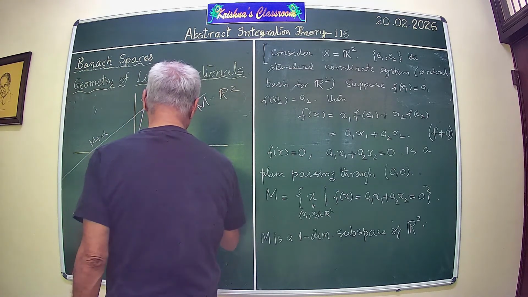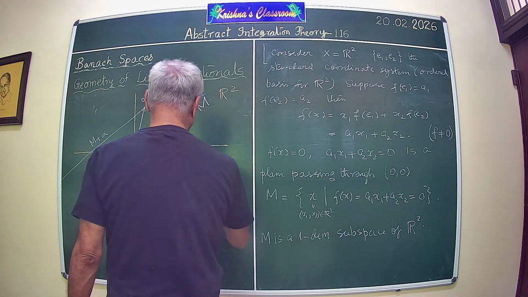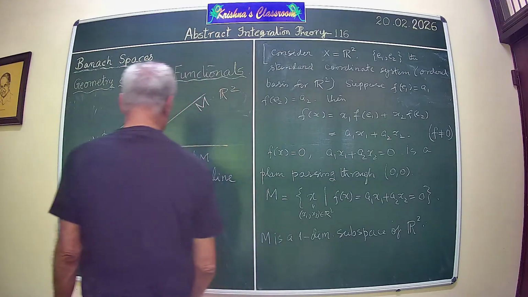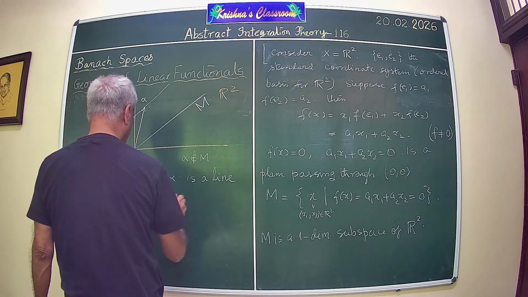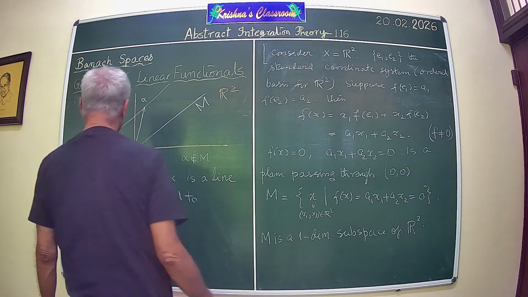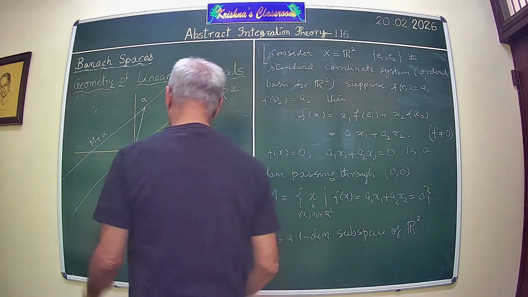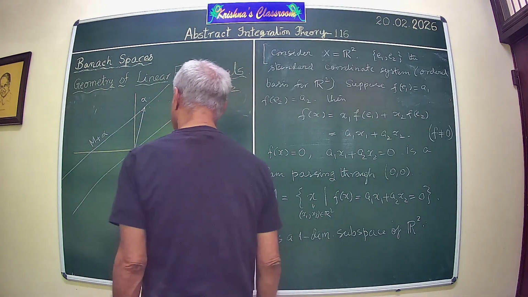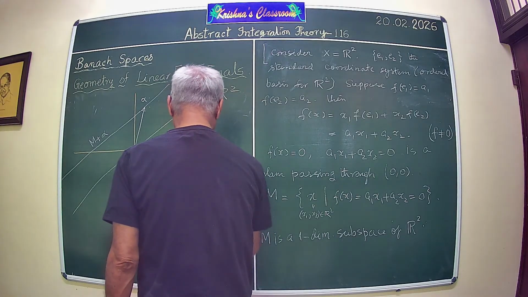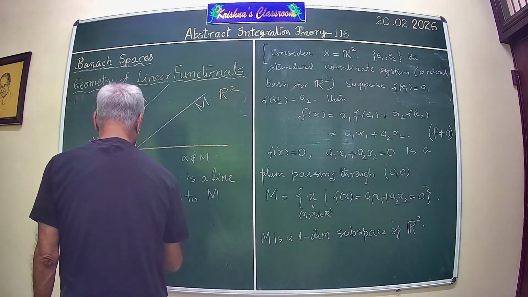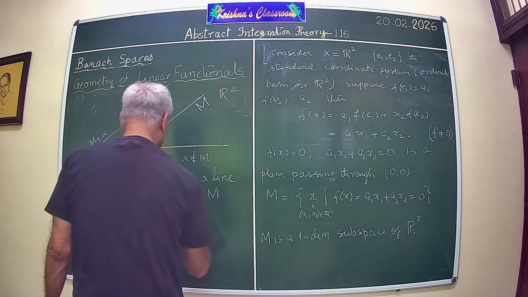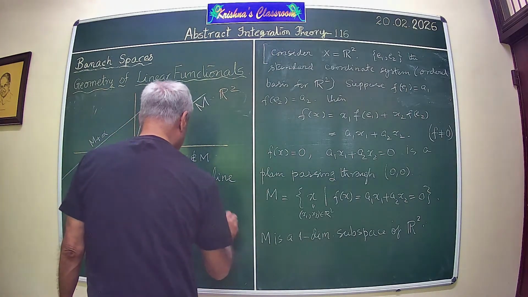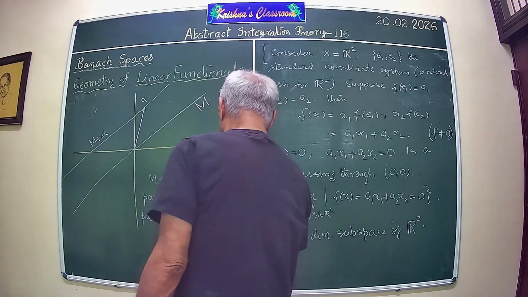Is a line parallel to M passing through alpha.